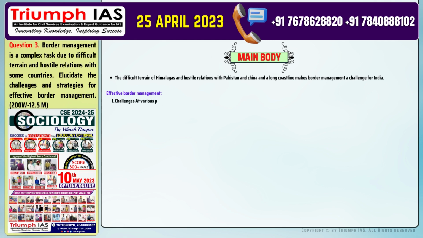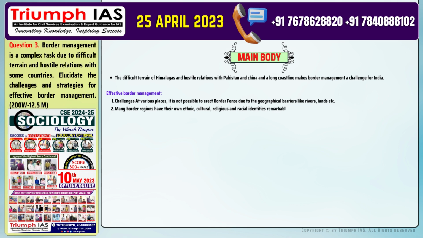Challenges of effective border management. Number 1. Challenges at various places: it is not possible to erect a border fence due to geographical barriers like rivers, lands, etc. Number 2. Many border regions have their own ethnic, cultural, religious and racial identities remarkably distinct from the mainland.